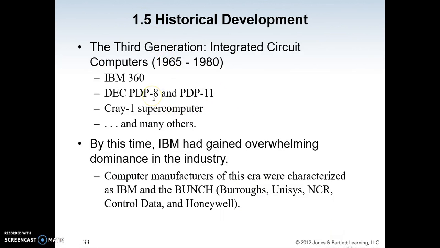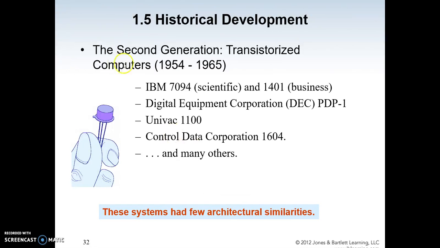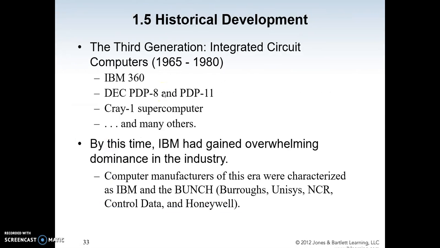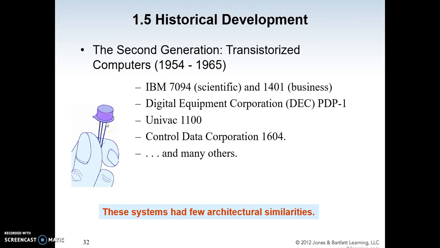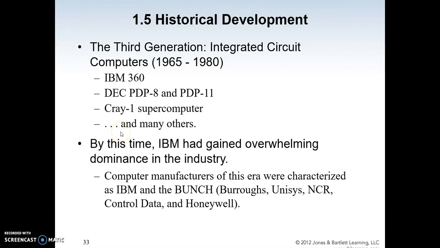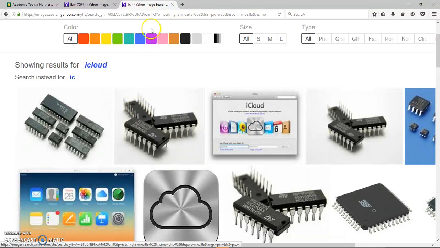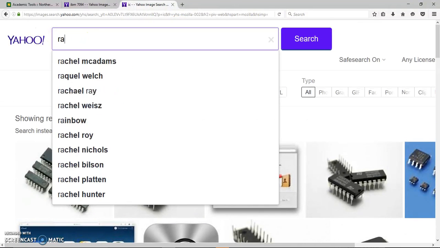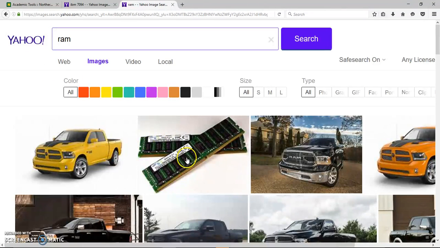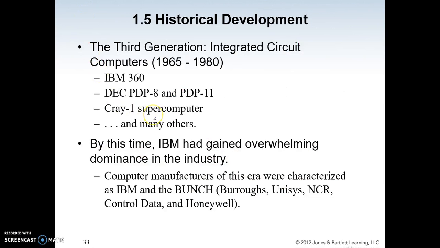Depending on the size of the IC, it could have 10 to 100 transistors inside. A transistor pretty much holds 0 and 1, and an IC also holds 0 and 1. This is an image of an IC, and let me show you RAM. RAM also has all the ICs combined together to create RAM. So that's the third generation of computer.